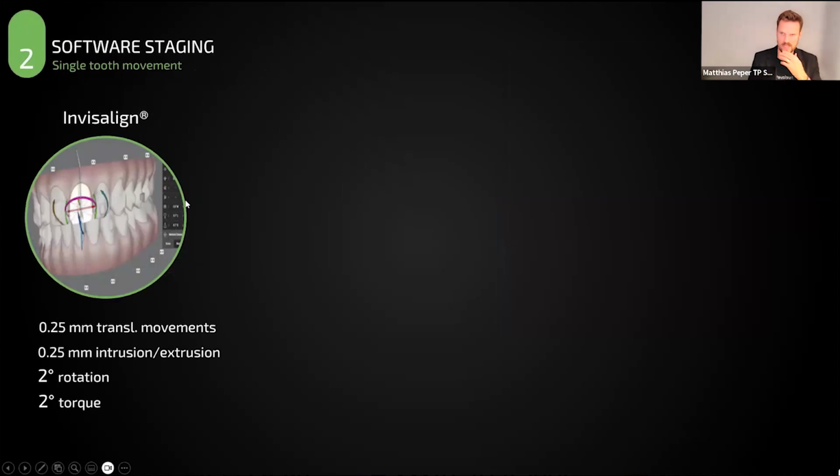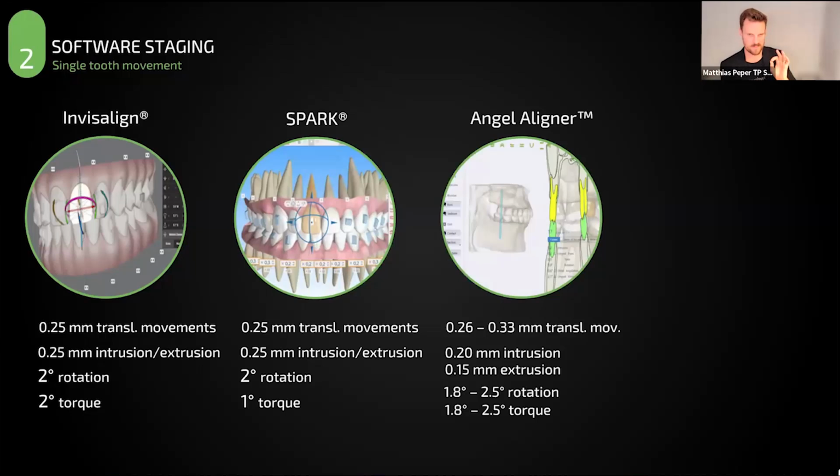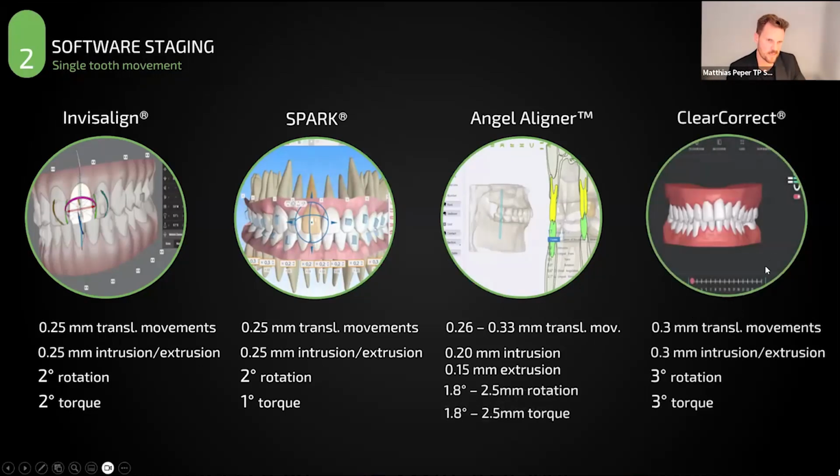This is something I already explained at the beginning, but I would like to explain again. Now you can see what we discussed at the beginning. With ClearCorrect, we have more movements because the aligner goes over the gingiva, but the big question is always, what does it do to the anchorage?